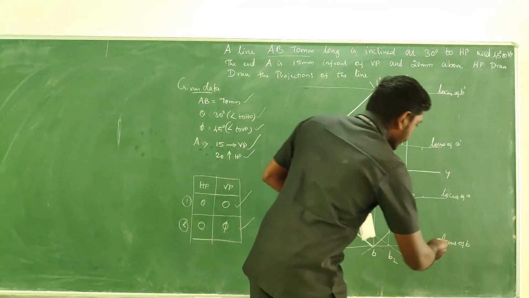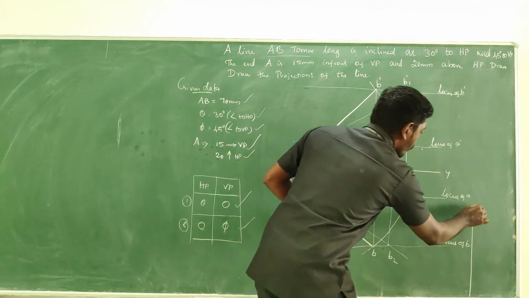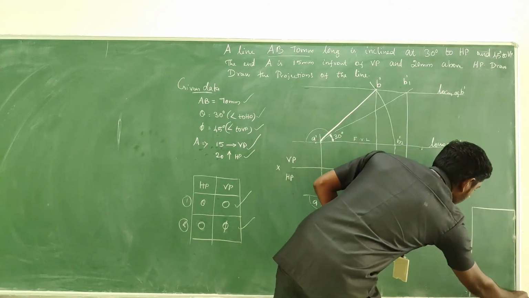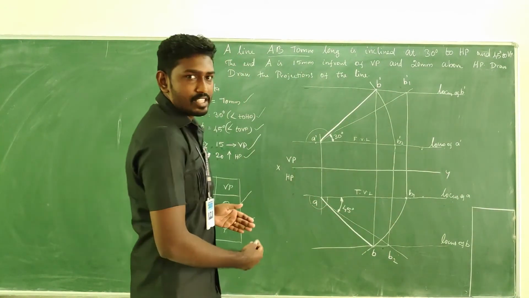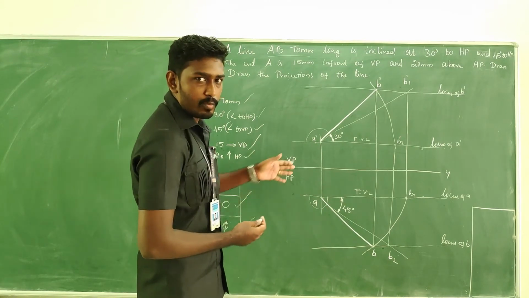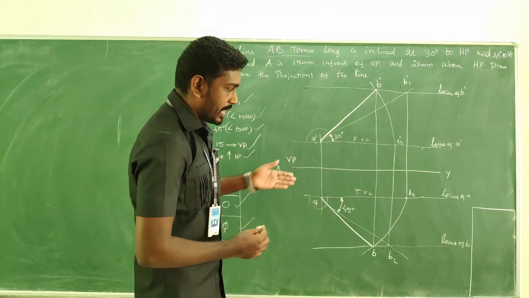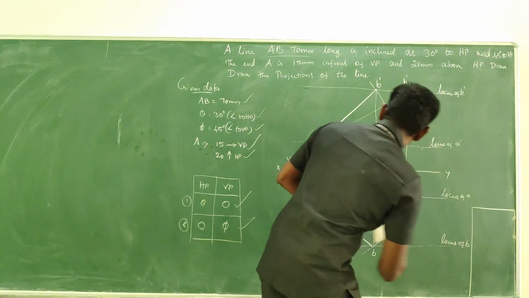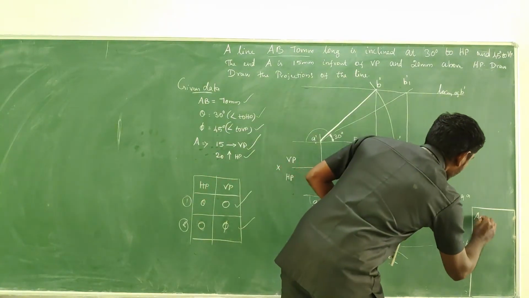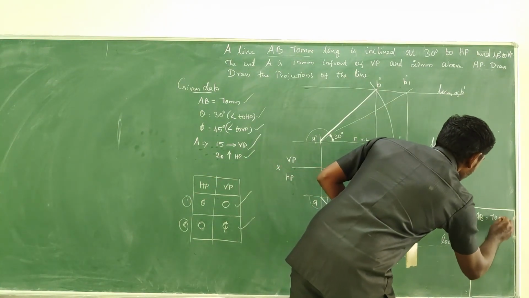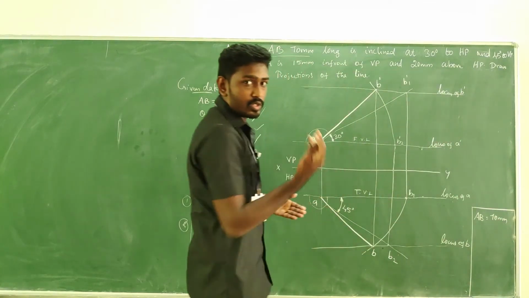For that, you can take a box at the right extreme bottom, it will look good. The line AB is given as 70, no worries, it is given in the question itself.